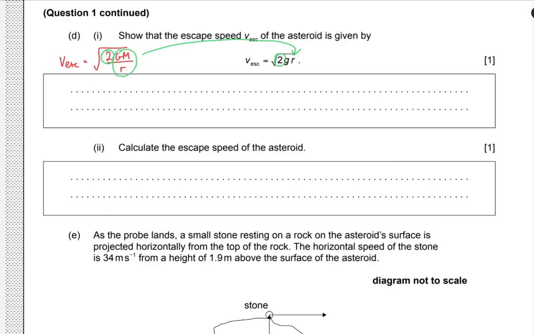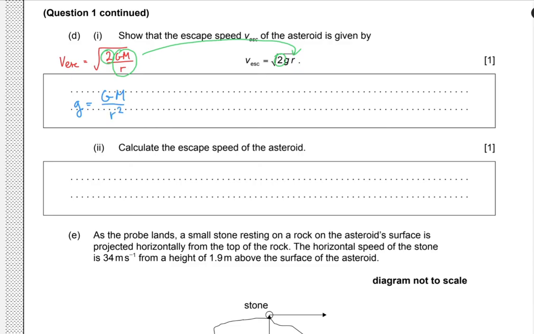And if you notice, we've actually already used this equation previously in this question. We know that g is simply equal to GM over r squared.